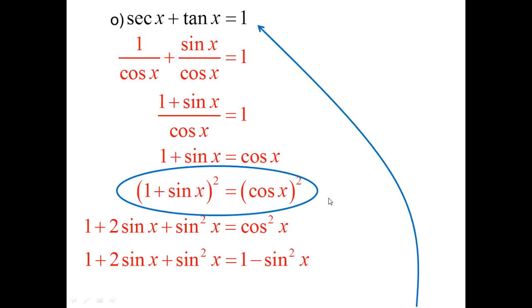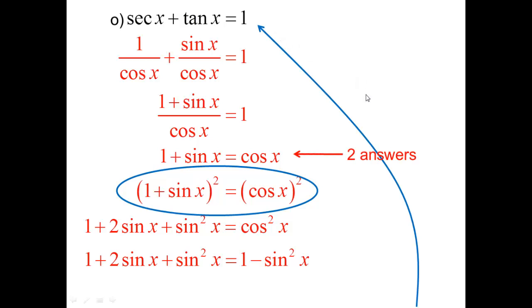But remember, that was not the original question. The original question was secant plus tangent, so you have to go back to the original to check for extraneous solutions. Anytime you change the degree of the problem, just like we did with absolute value equations back in Algebra 2, just like we did with square root equations in Algebra 2, just like we did with quadratics when we used this technique earlier this year, you have to check for extraneous solutions.